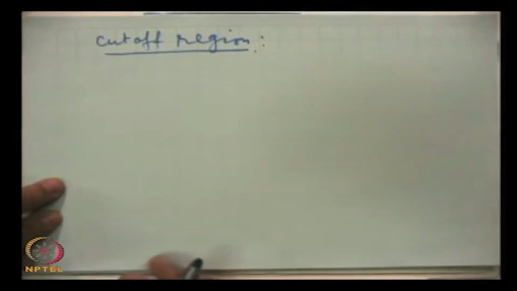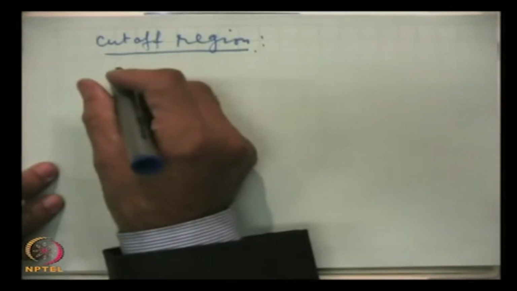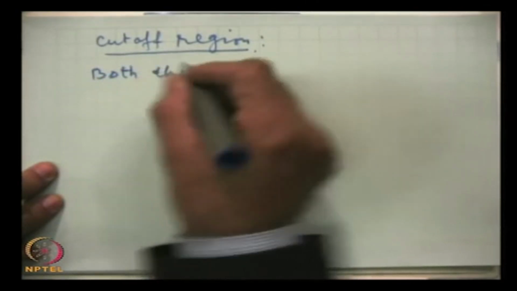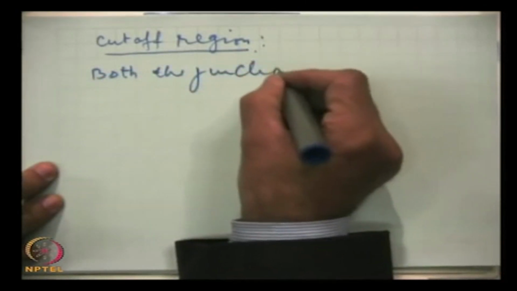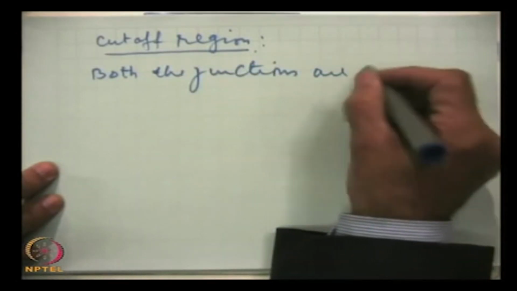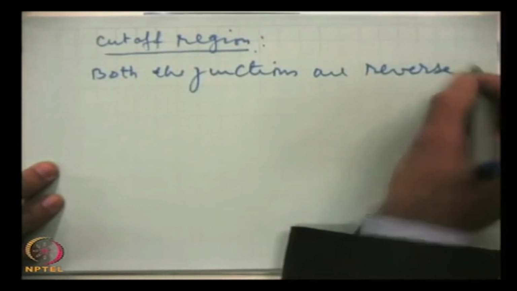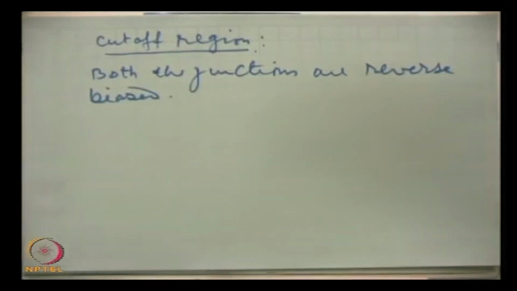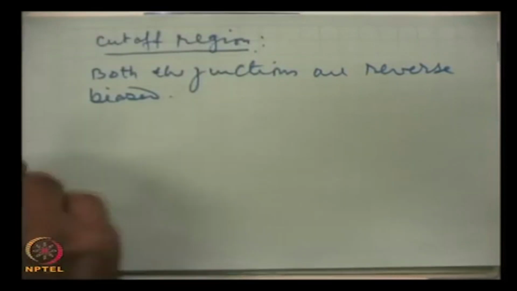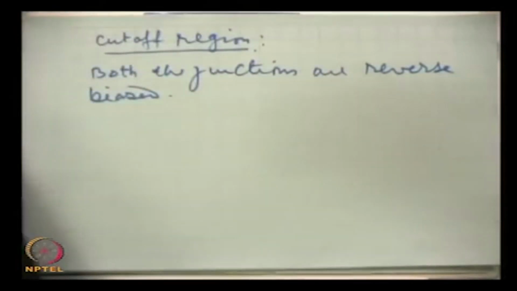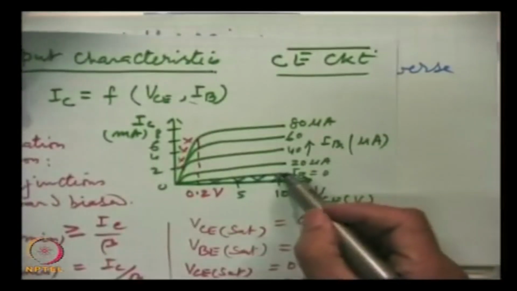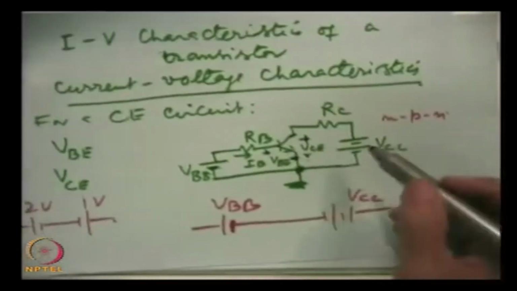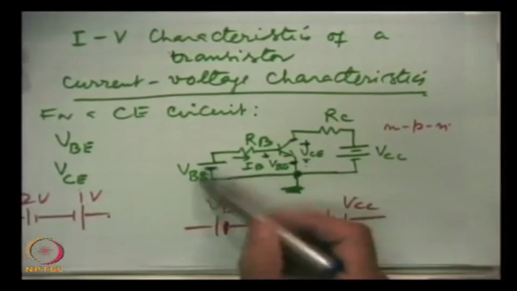In the cutoff region, both the junctions are reverse bias. How? If we want to go below IB equal to 0, we will have to change the polarity here.